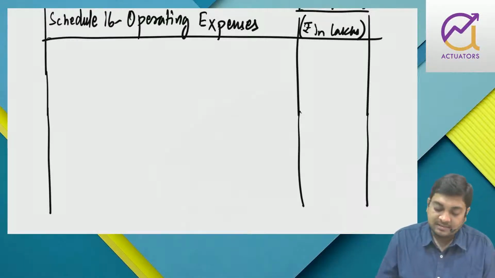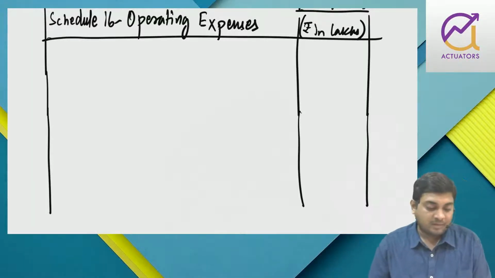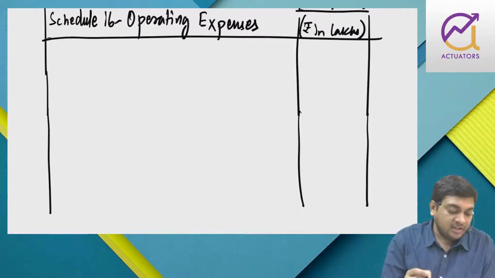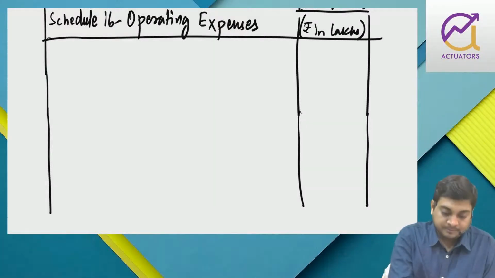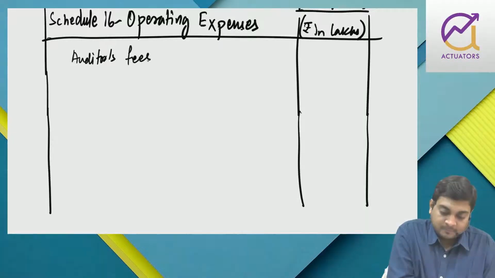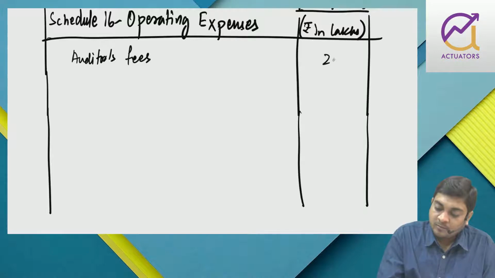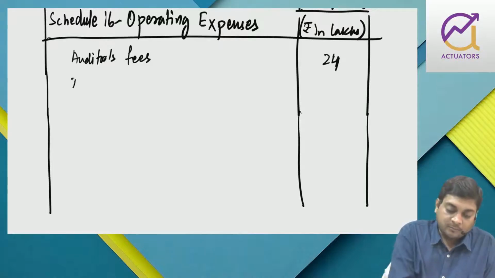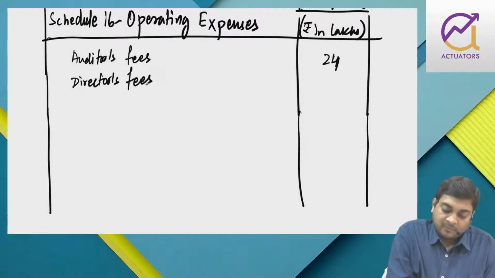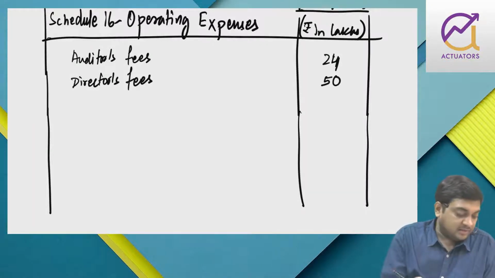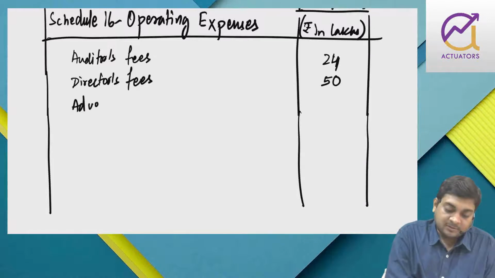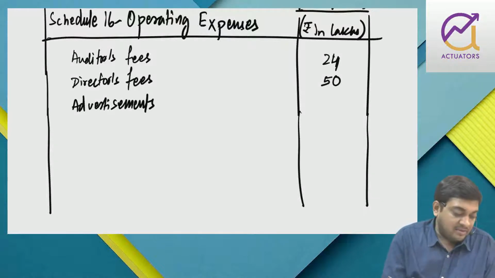It's a long list. Auditors fees and allowances. Directors fees 50. We have advertisements 36.